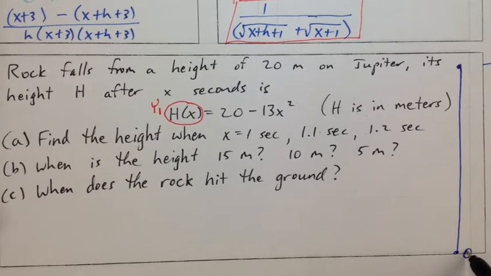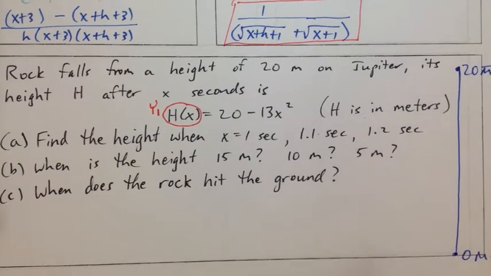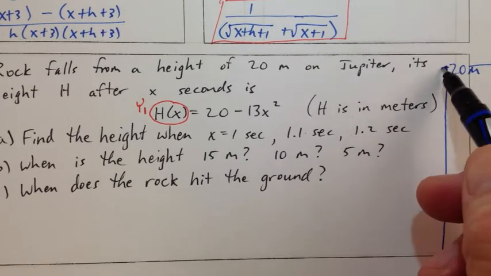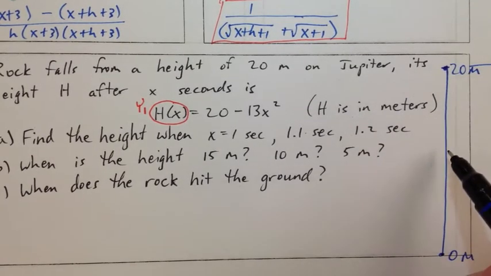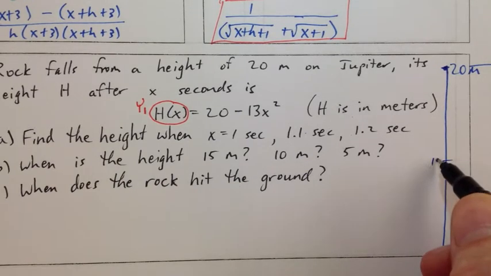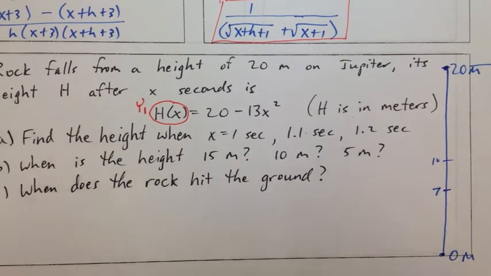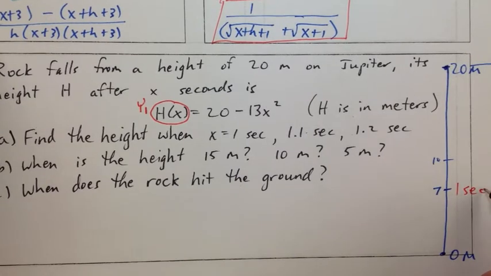Here is 0 meters, and right up here is 20 meters. At the 20 meter mark, someone drops a rock. One second later, right here, 7 meters, that's at t equals 1 second. So just to get a visual of what's going on, that hopefully helps you understand.